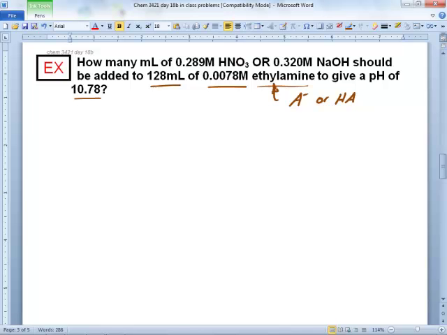Neutral is always the name. The name is always neutral. The guy in the table is not neutral. You got to make him neutral. So we need to add conjugate base. So that means you got to rip off an H plus. That means the form you have is the base. Right. Seems like everybody agrees on that. I just heard a lot of base. So we have ethylamine. We have the base.